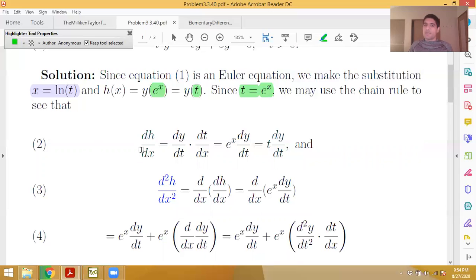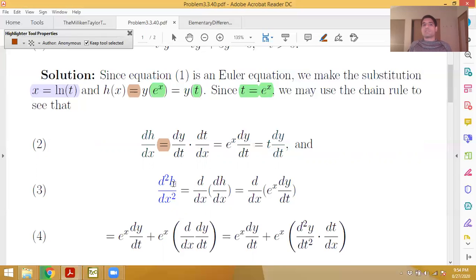So I'm going to calculate it with the chain rule. I start with dh dx, and I know from back here that h is going to be equal to y of e to the x, right?